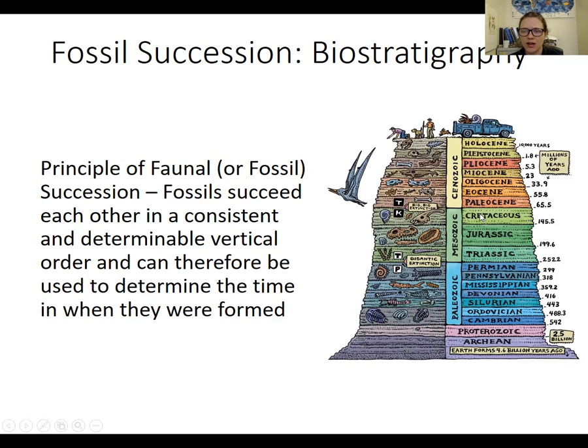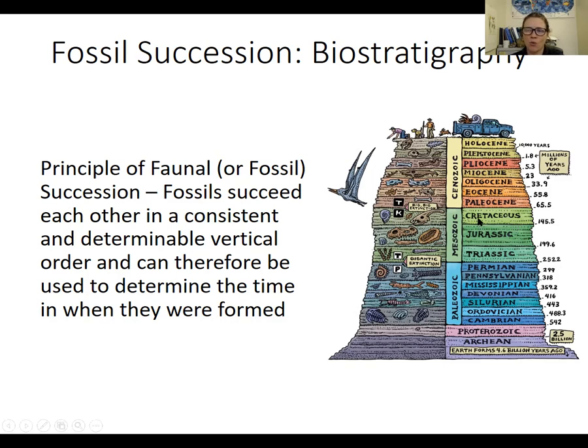And in particular, index fossils are fossils that are widely geographically distributed. So we see them in many different places, but they occurred over a relatively narrow period of geologic time. And so when we see them in a place, it helps us understand that rock layer must have formed during that limited period of geologic time, maybe during the Miocene or during the Jurassic.